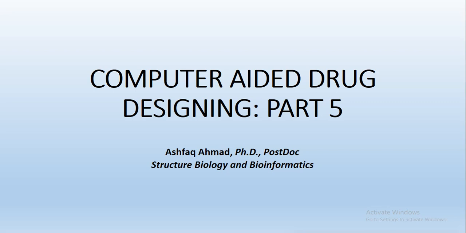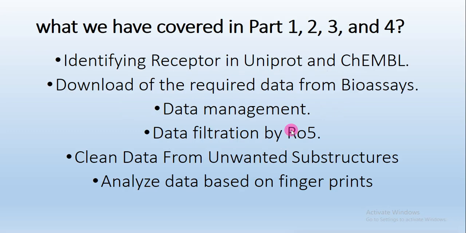We have already covered four parts of this course. In part 1 we identified a receptor in UniProt and ChEMBL and downloaded the required data. In part 2 we managed that data and applied some filtration strategies using RO5, the rule of 5.